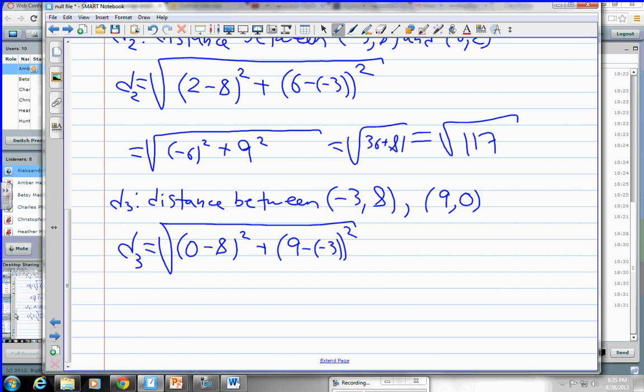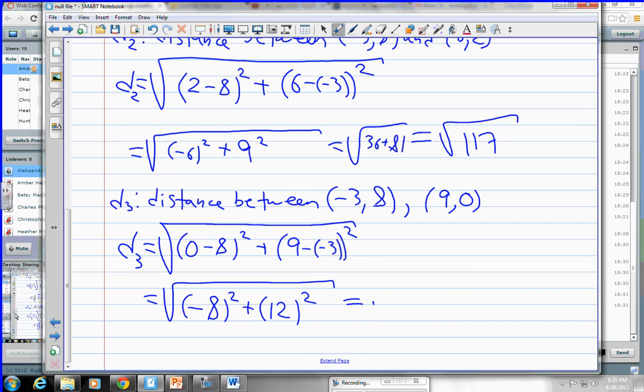So we're ending up with negative 8 squared plus 12 squared equals what?